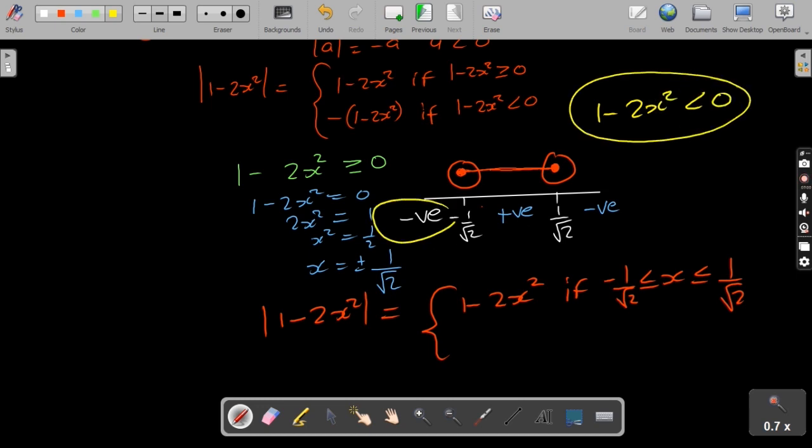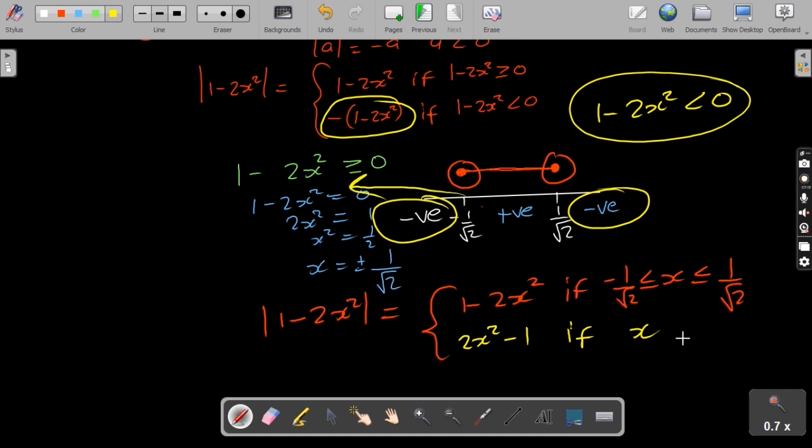These are the regions where that is negative. For that portion, we'd have, just expanding this part, 2x squared minus 1, and that is if x is to the left of this. So x is less than, and it's not equal to in this case, because if it were, it would not satisfy that.